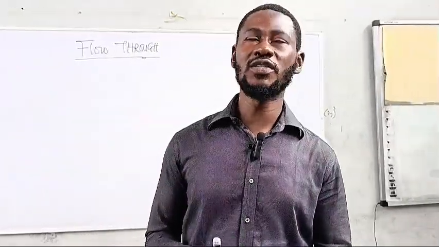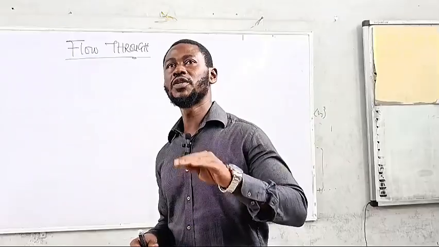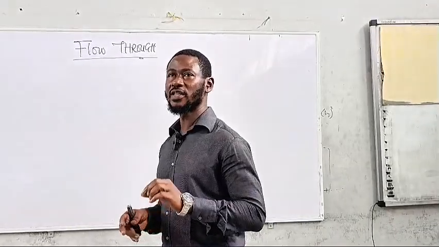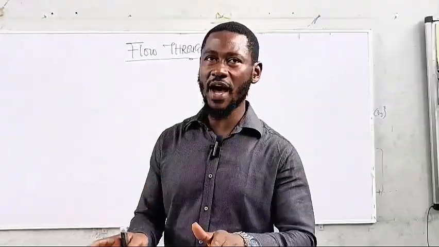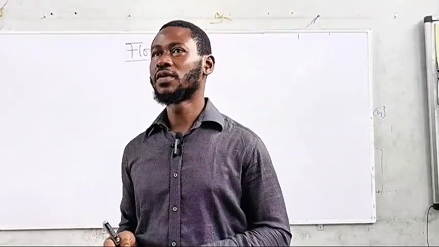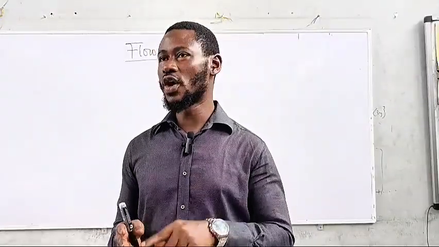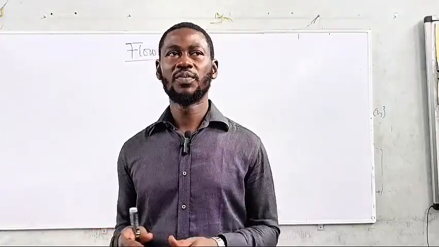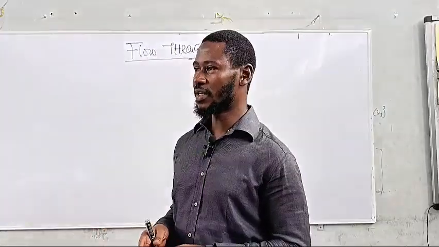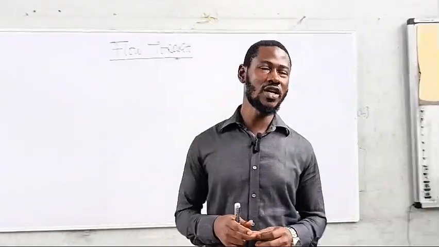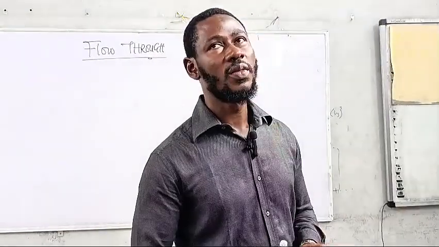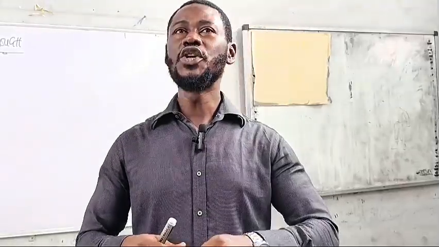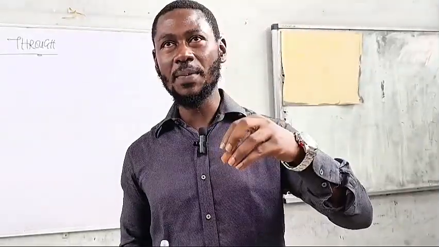Now we are going to look at the minor head losses in pipe. The minor head losses in pipe come in 7 categories. The first one is head loss at the entrance of the pipe. The second one is head loss due to sudden enlargement of the pipe. The third one is head loss due to sudden contraction of the pipe. The fifth one is head loss due to an obstruction in the pipe.